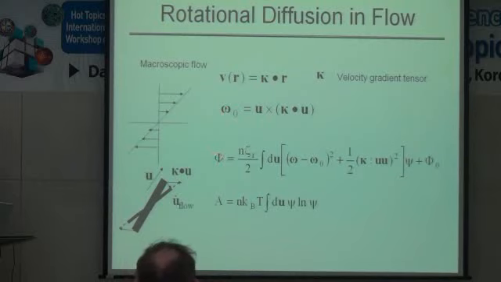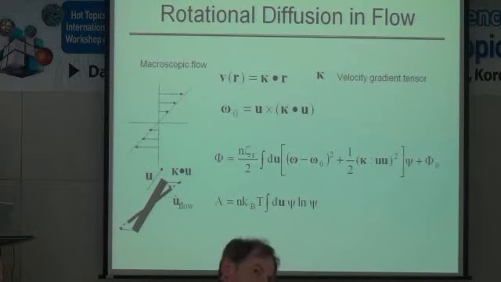And the energy dissipation function of phi is written in this way: omega minus omega 0 squared, plus some extra term. In the dilute solution case, the free energy is given by the same formula as previously. Now you can construct the Rayleighian, and you can derive the time evolution equation for the distribution function psi.